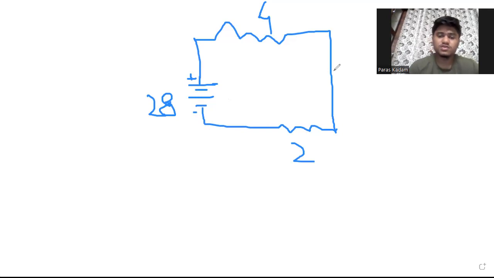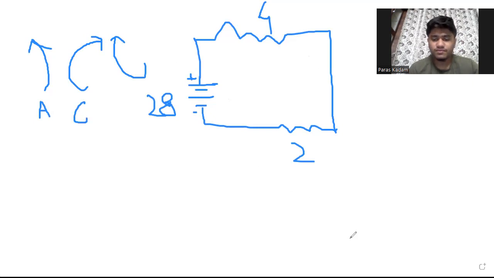So how to proceed? In mesh analysis, we have to draw the direction of current. We have to assume it either in a clockwise manner or in an anti-clockwise manner. This is anti-clockwise, and this is clockwise.